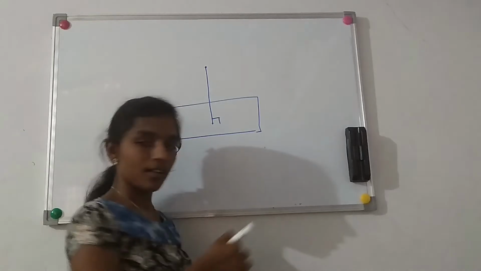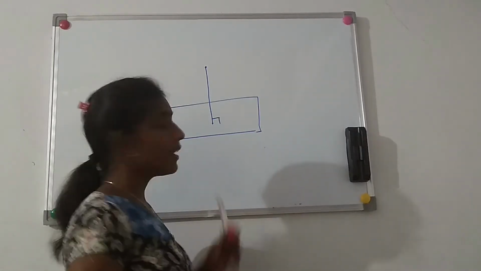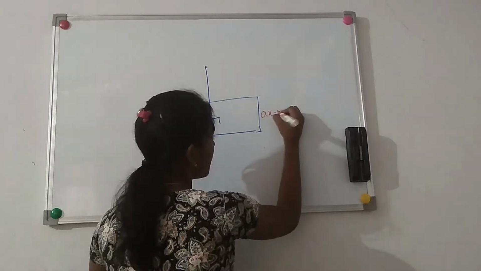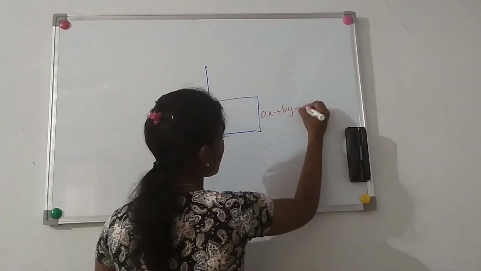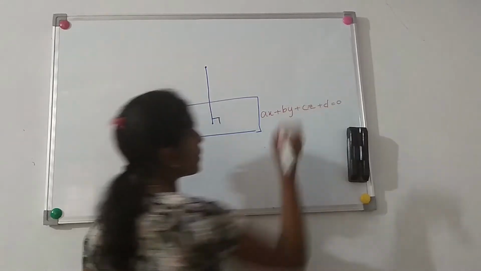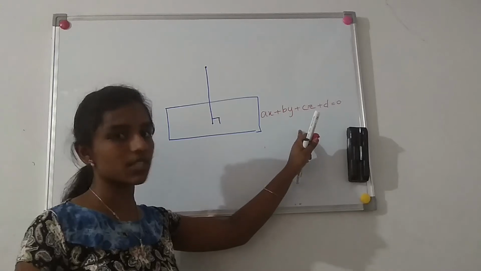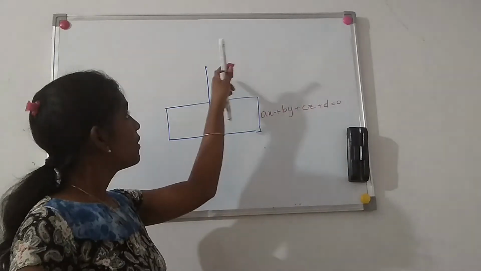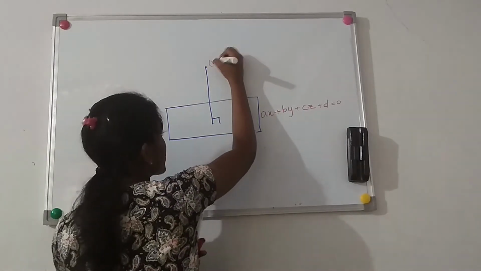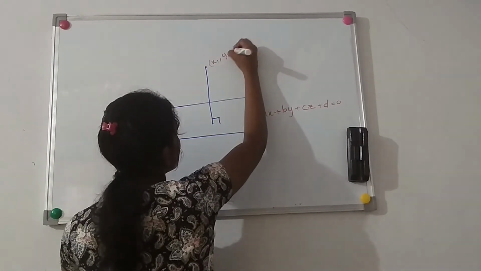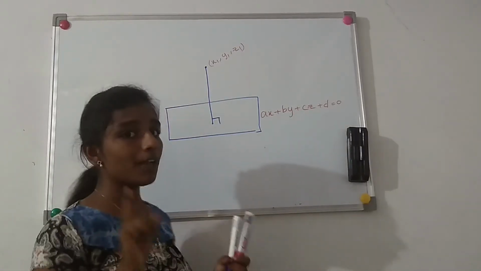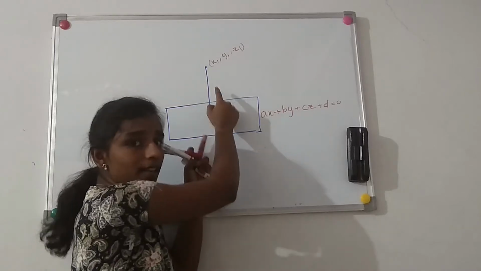So now in a similar way, for the plane, what is the distance? How do we write it? I have given you that the equation of this plane is ax plus by plus cz plus d is equal to 0. This is the given plane equation. Now I will tell about the point. The point is x1 comma y1 comma z1. This is the point given. Now what is the formula for the perpendicular distance of the point to the plane?